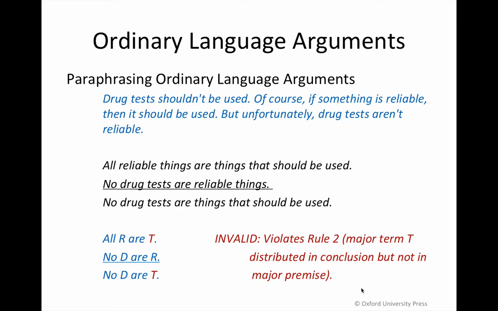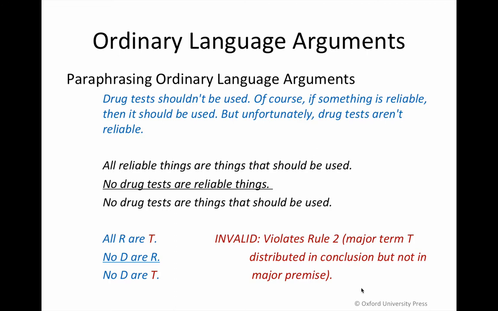Now, if we abstract away from the content, we get all R is T, no D is R, and no D is T. R is the middle term. It's the term that's repeated in the premises.